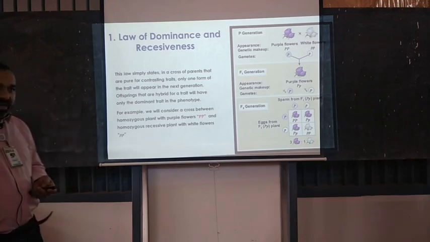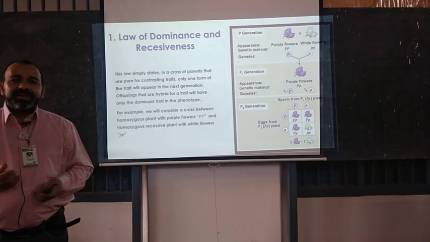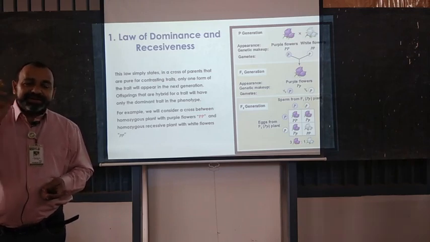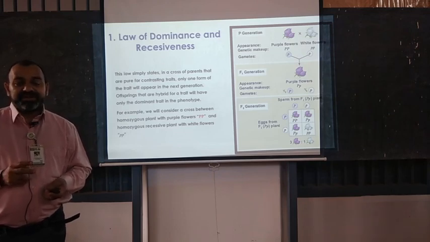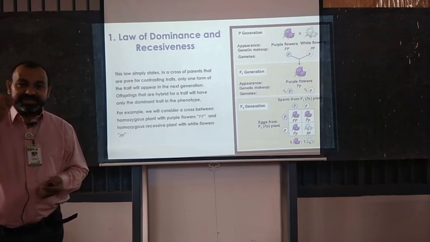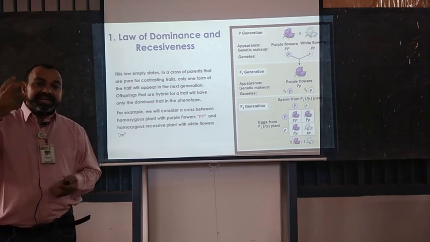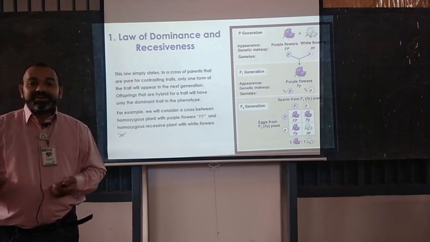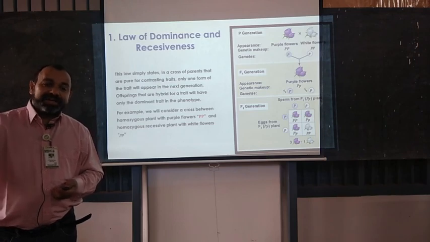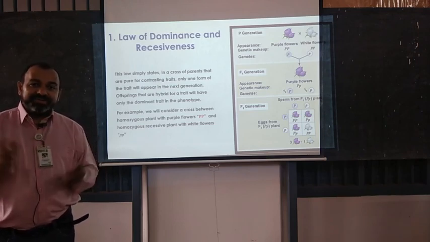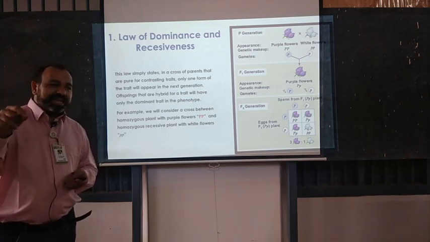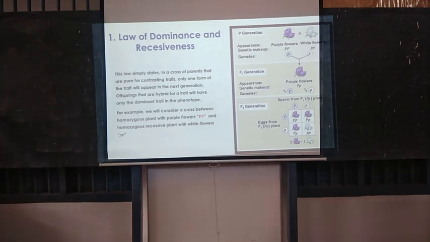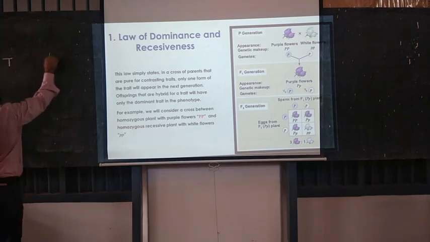To understand it a little more simply, we have seen that for every trait or character, there are 2 allelic forms of the very same gene. We call them alleles. And these alleles are coming from the father and the mother on the homologous chromosomes. One of these alleles will be dominant and the other will be recessive.